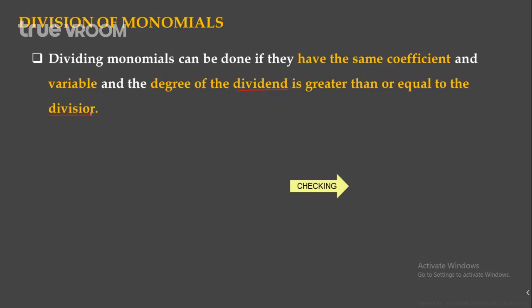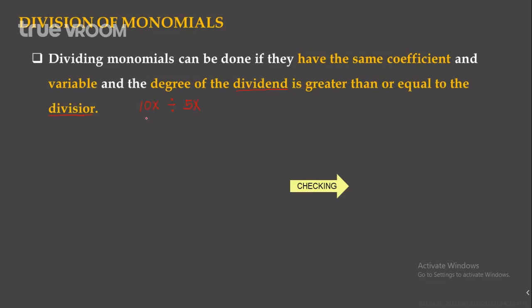So, do you know what is dividend and divisor, students? Do you know these two words? Yes or no? No? All right. So, dividend, it is the number that you are going to divide. For example, 10x divided by 5x.